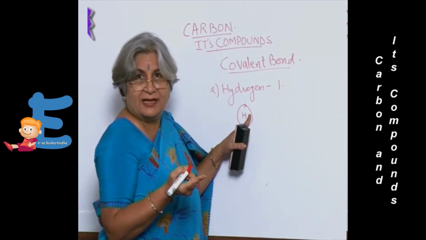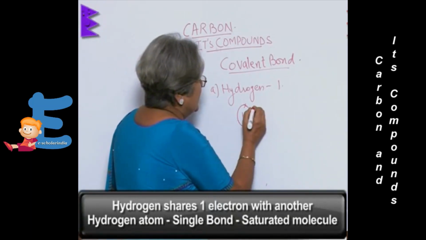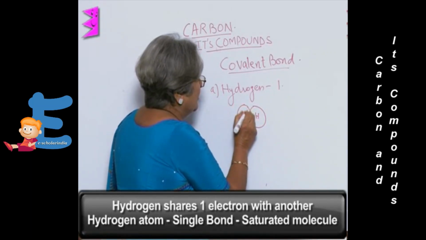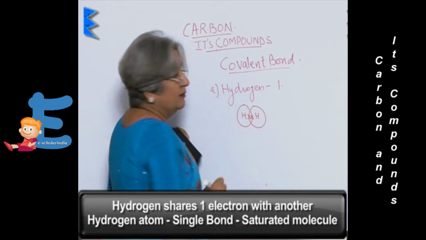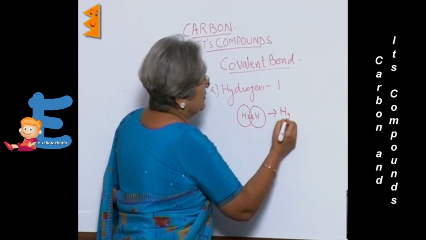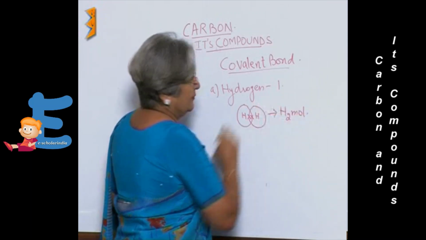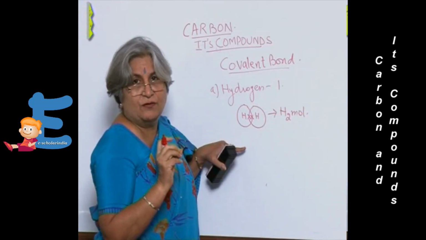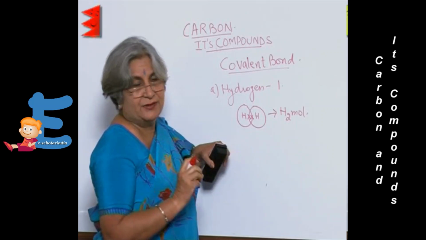But who will give that? So what happens is that there is another hydrogen atom and both share their electrons. So what becomes of it is a hydrogen molecule. So for the formation of hydrogen molecule, there is a covalent bond between hydrogen atoms.